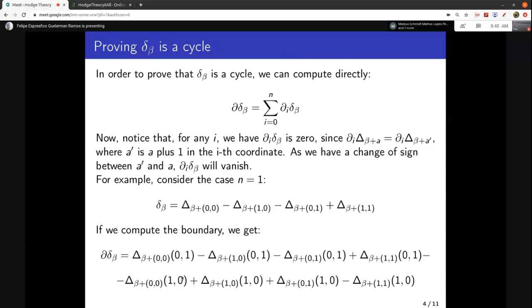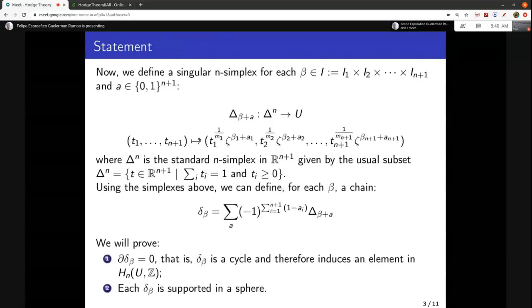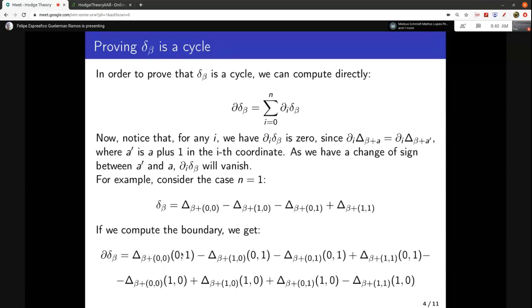And then what happens here is that this will be 0 here and T2 here. And then this will cancel with this, because they have different signs, right? And the same will happen here, okay?